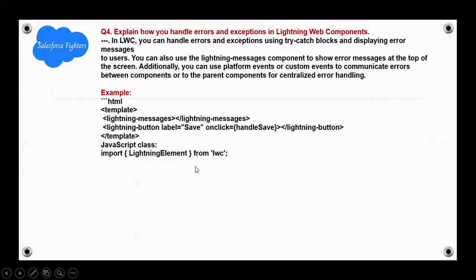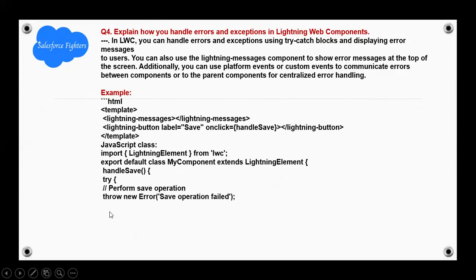JavaScript class: import LightningElement from lwc, export default class MyComponent extends LightningElement, handleSave, try, perform save operation, throw new Error save operation failed, catch error, this.dispatchEvent new ShowToastEvent, title error, message error.message.